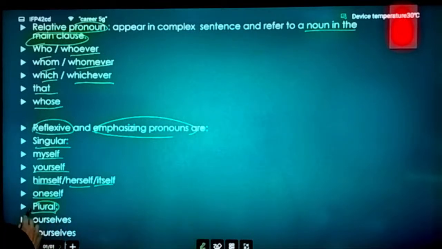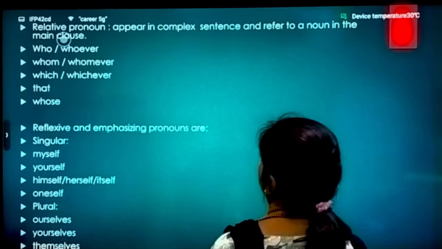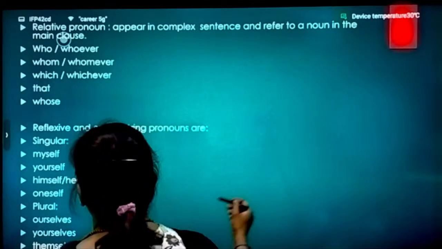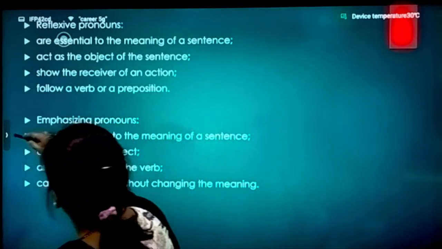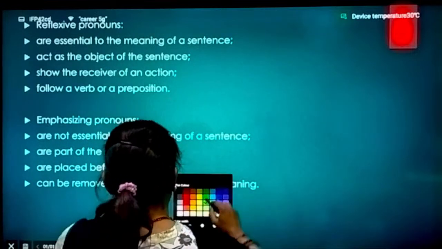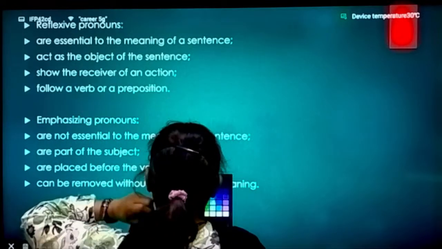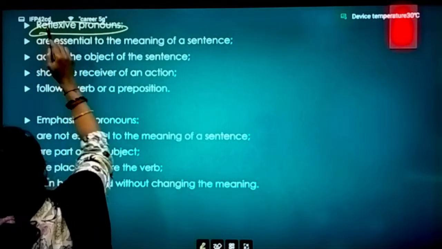The plural ones: ourselves, yourselves. Okay, then we'll come to reflexive pronouns.